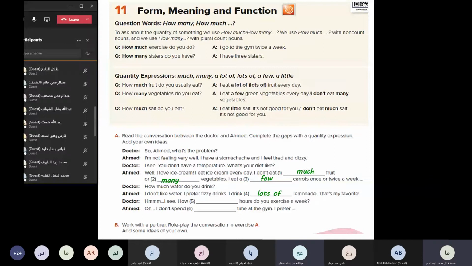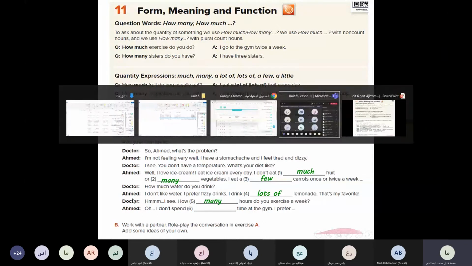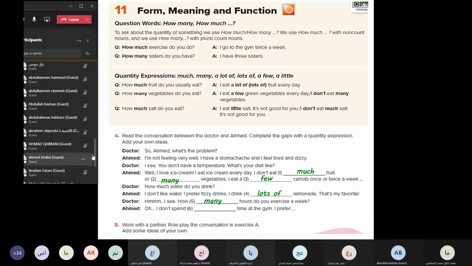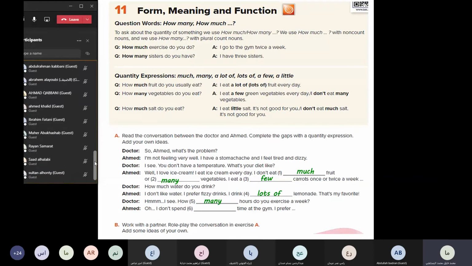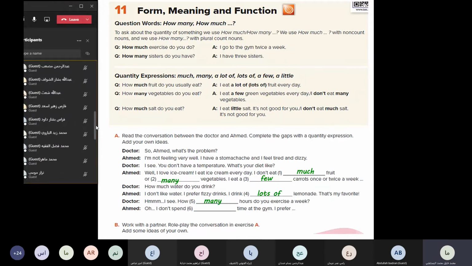How many hours do you exercise a week? Good. How many hours? Then the word hours is what? Plural countable noun. Rami, can I answer?